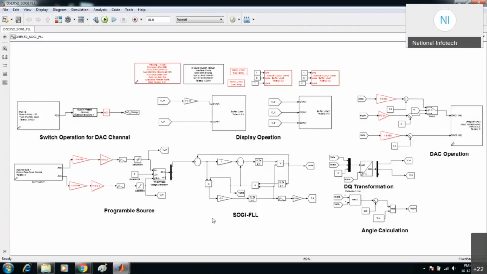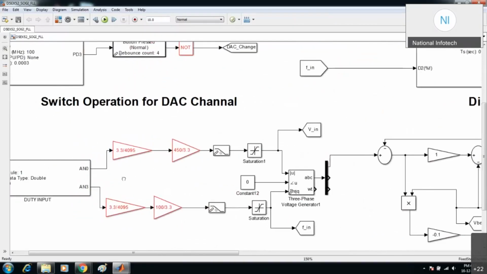So, as Rajan sir has explained the SRF PLL really well, in this SOGI FLL technique, all of the components we have used are the push button and ADC. You can see the voltage change.